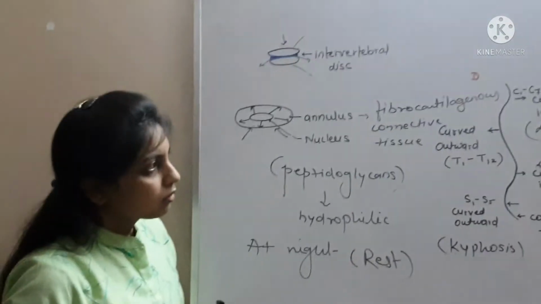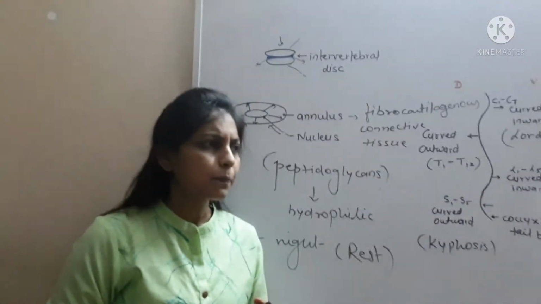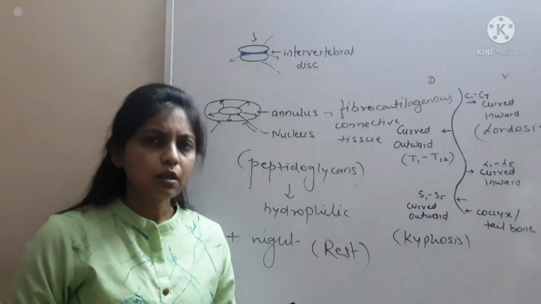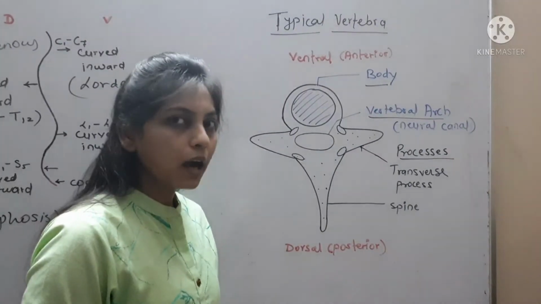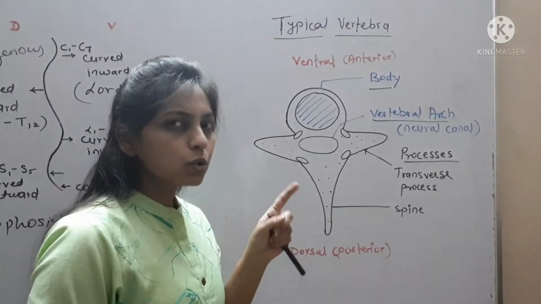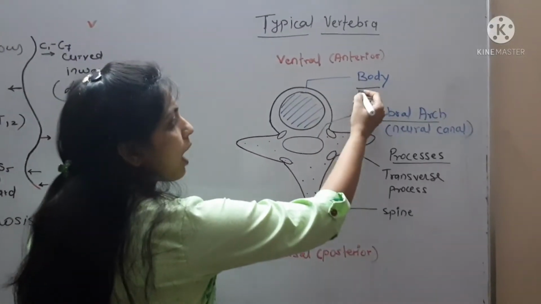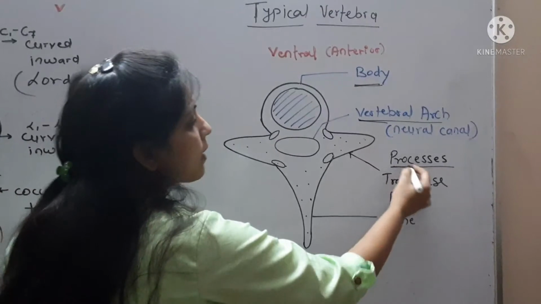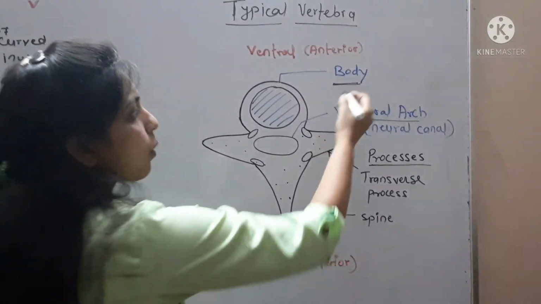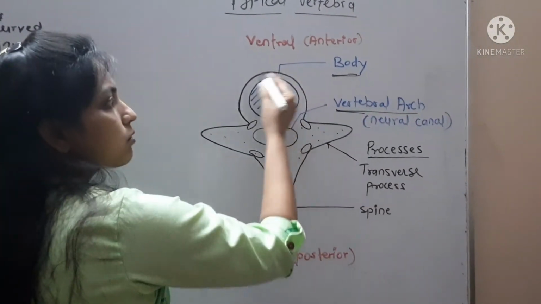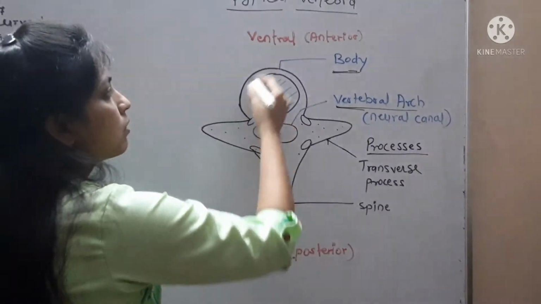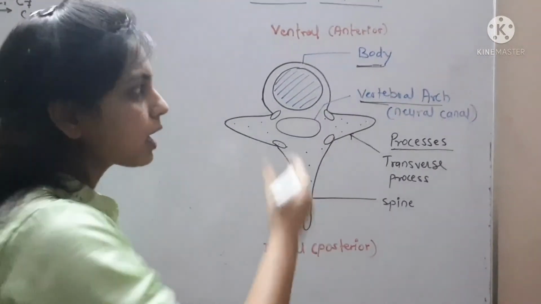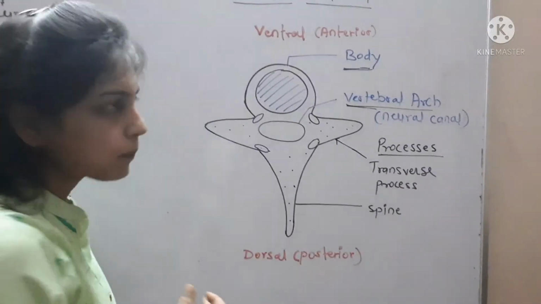Now, there are various types of vertebrae. There is a slight difference between their structure, but the parts which are common in each vertebra are the body, vertebral arch and processes. The body is the central portion. This helps in bearing the weight of the superior vertebrae.